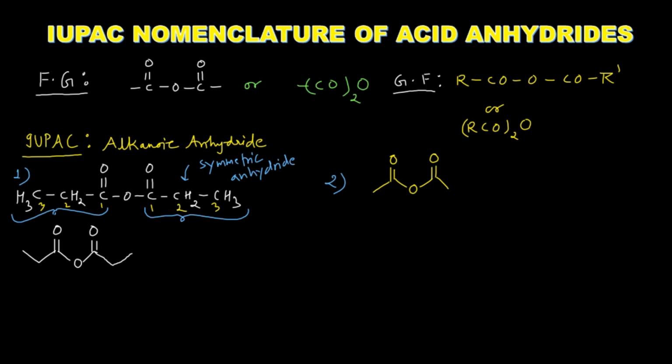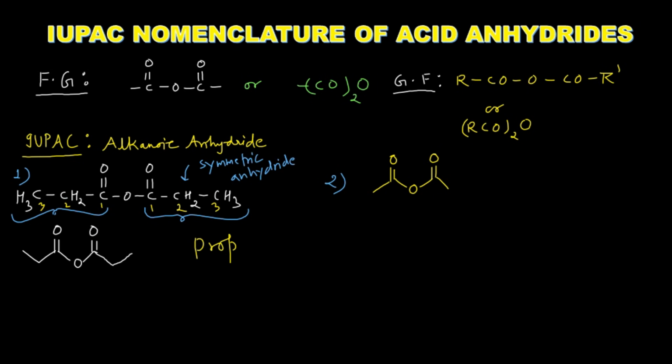In my earlier lectures, I have already explained what the word root is. Word root is the total number of carbons present in the longest chain. In that case, you can see a total of 3 carbons are there, 1, 2 and 3. When these 3 carbons are there, we will write prop, P-R-O-P.